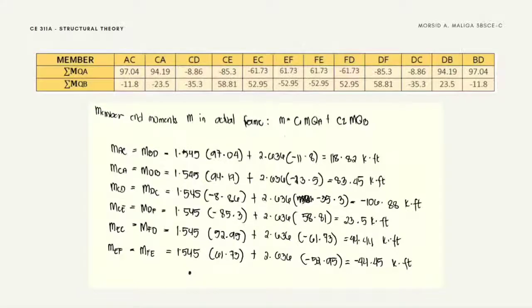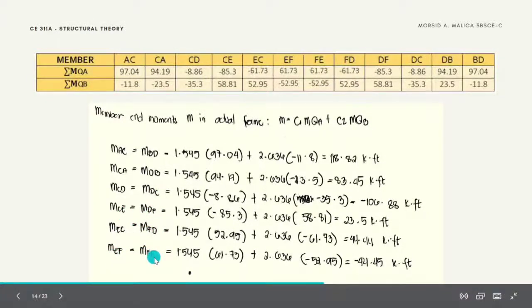So, the same for our members AC, BC, EC, EF, FE, FD, DF, DC, DB, and BD, we will still use the same. To make the process easier, since the members and moments we are looking for are equal, we have equal ones: AC and BD, CA and DB, CD and DC, CE and DF, EC and FD, EF and FE. Those are equal.